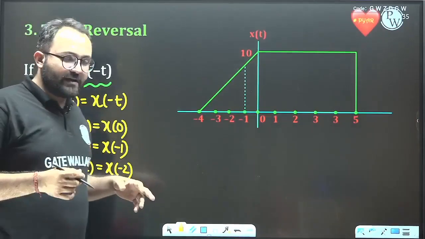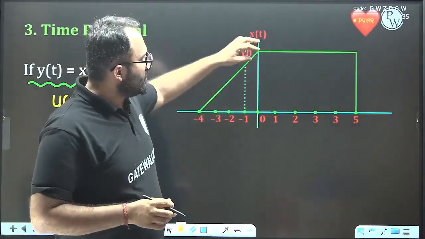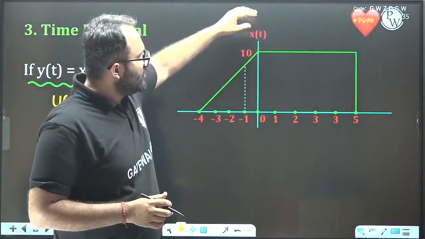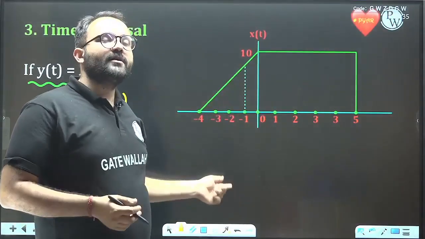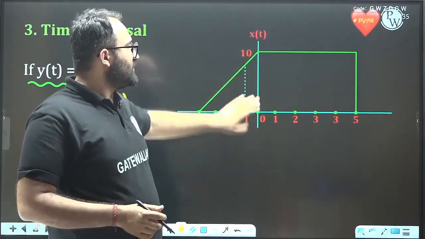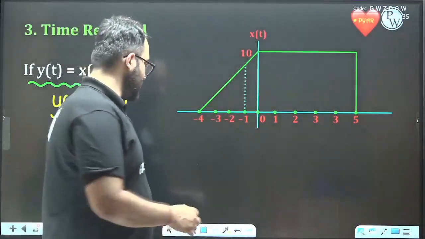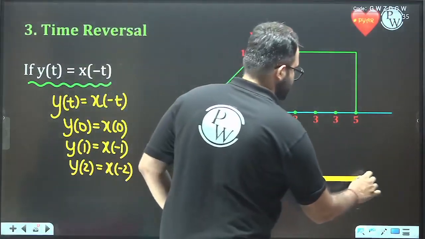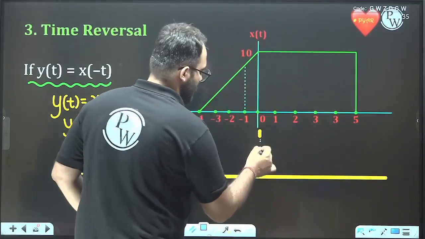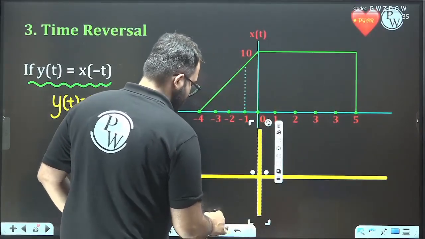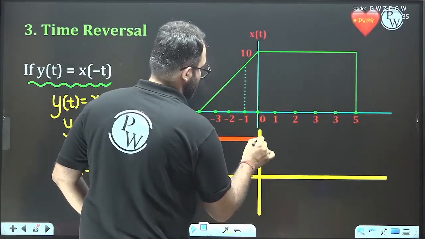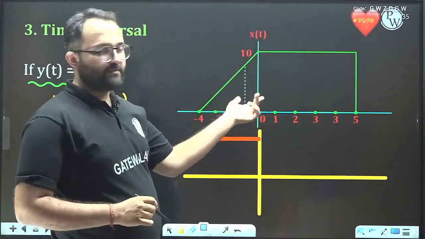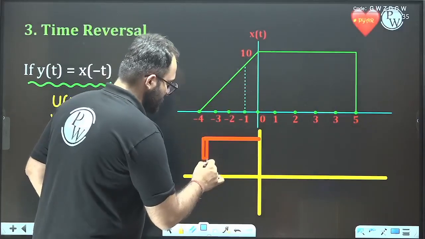So we can see that the new signal is simply obtained by flipping this signal about the vertical axis, or by taking the mirror image of this signal with respect to the vertical axis. If we take the mirror image, we will get it like this.